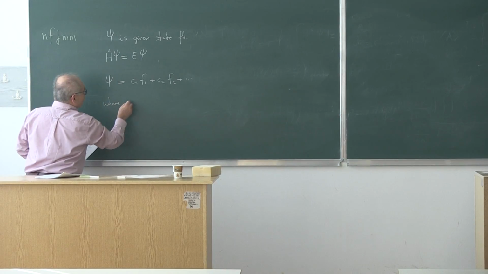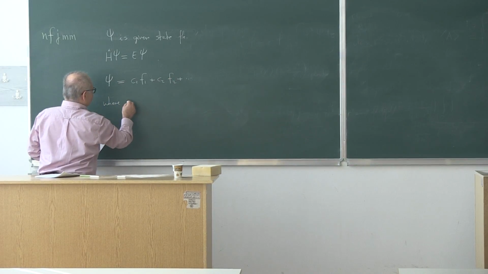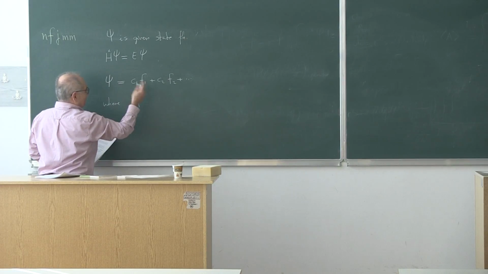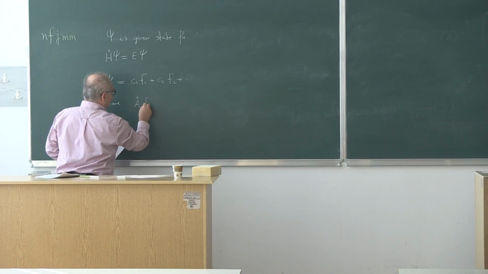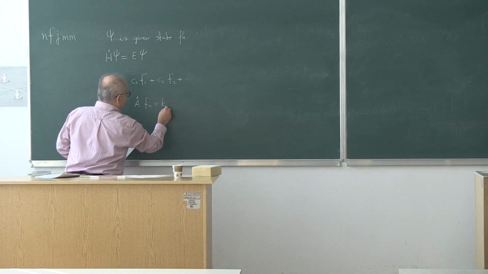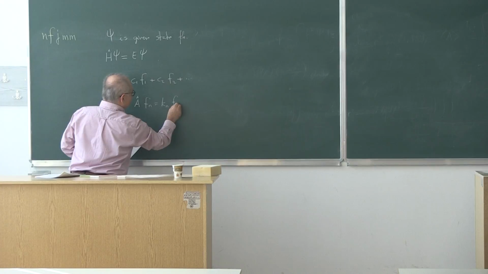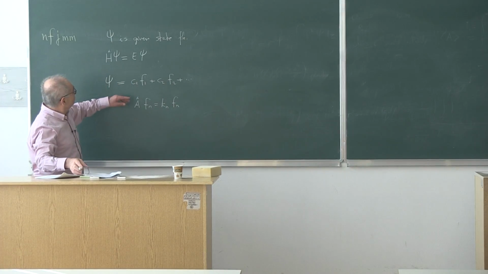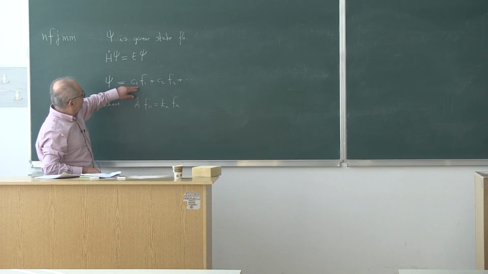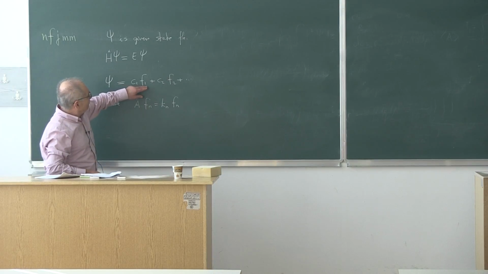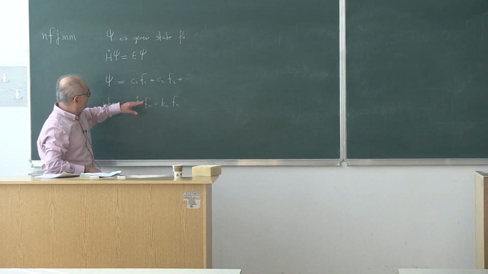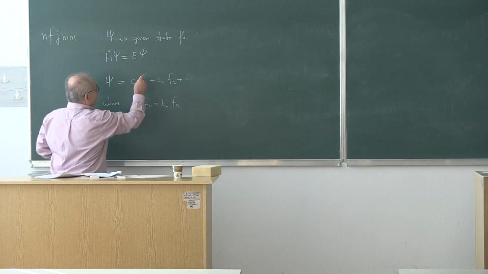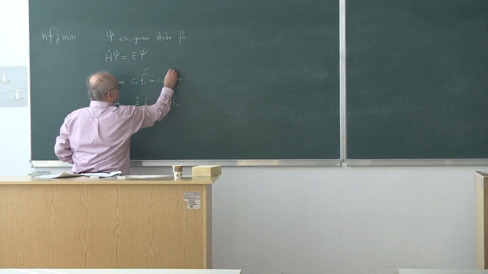Where the functions on the right side are eigenfunctions of another operator A with eigenvalue Kn. There are infinitely many terms here on the right side. We are assuming the functions are given.